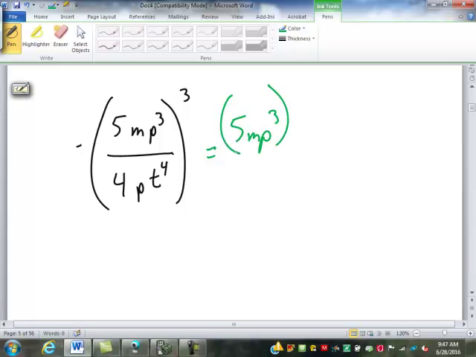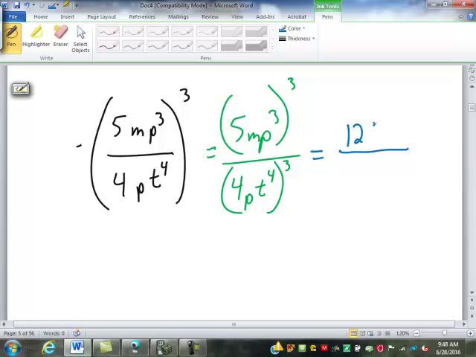So 5mp to the 3rd power. What goes in the denominator? 4pt to the 4th, and in parentheses to the 3rd power. Now what? Start on top. What's the number going to be? 125. 5 to the 3rd power. 5 times 5 times 5 is 125.